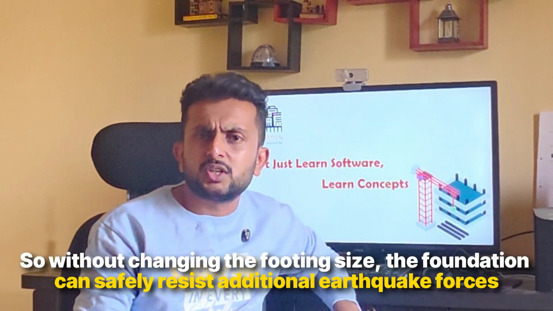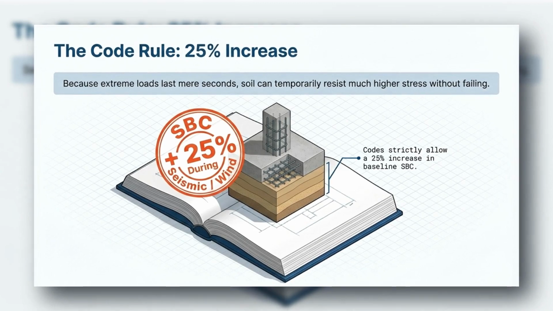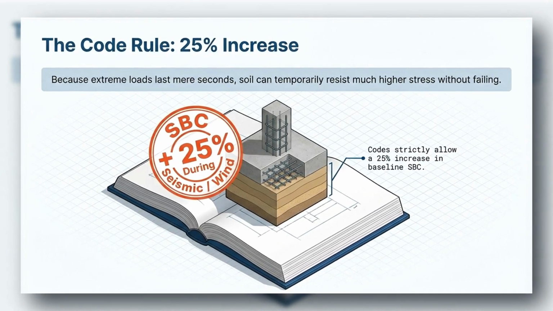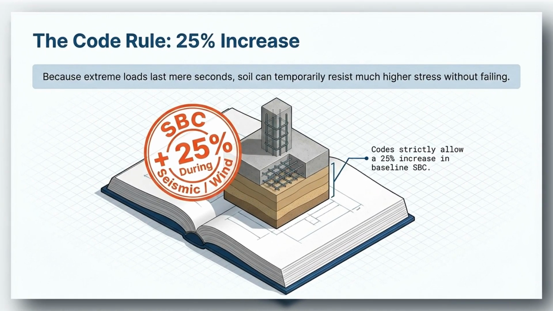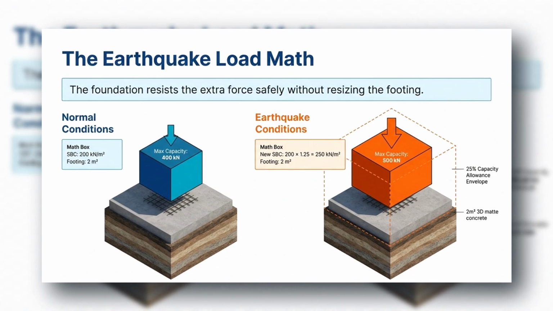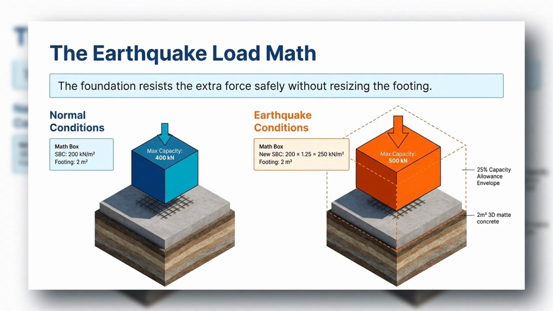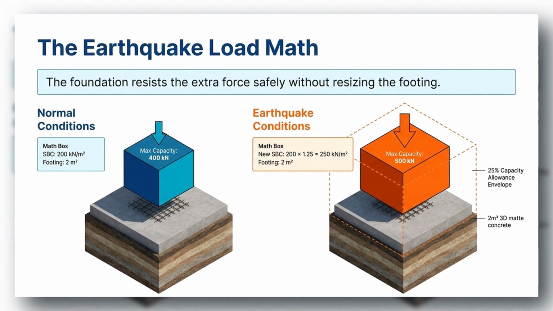Now you might ask why code allows this increase. If codes did not allow this increase, footings would become very large, foundations would become very expensive, and structures would become uneconomical.